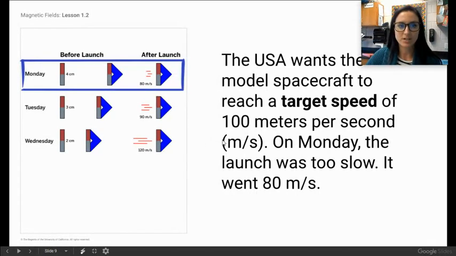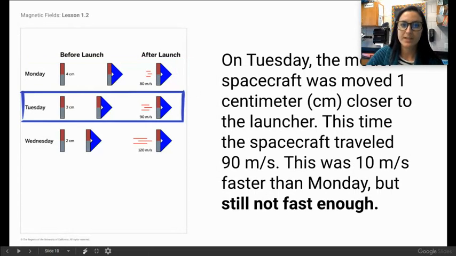And so they did a few launches. Monday, they launched it and it was too slow, and you can see right here, it only went 80 meters per second. Then on Tuesday, they moved the magnets a centimeter closer, and this time the spacecraft went 90 meters per second. So that was 10 meters per second faster than Monday, but still not fast enough because our goal was 100.